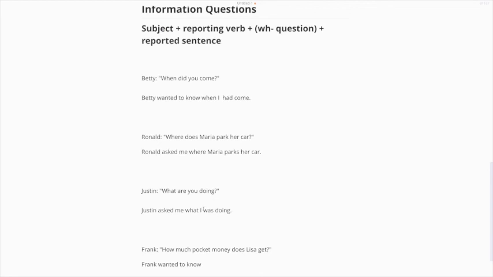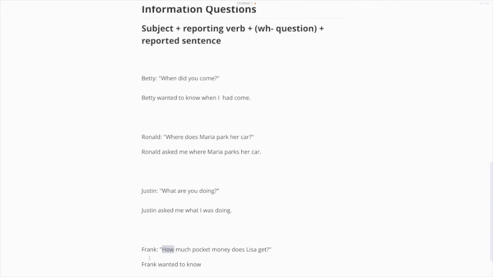And now the last one. Now Frank is talking. Frank is going to be our new subject. And it says, how much pocket money does Lisa get? Here, we also have an information question because we have a double H question. Well, even though it doesn't have double H, how is part of the double H questions.